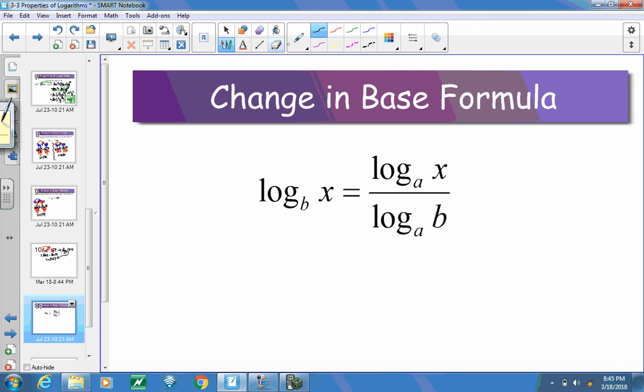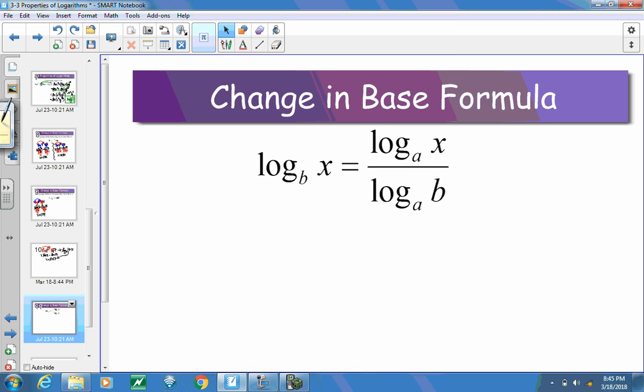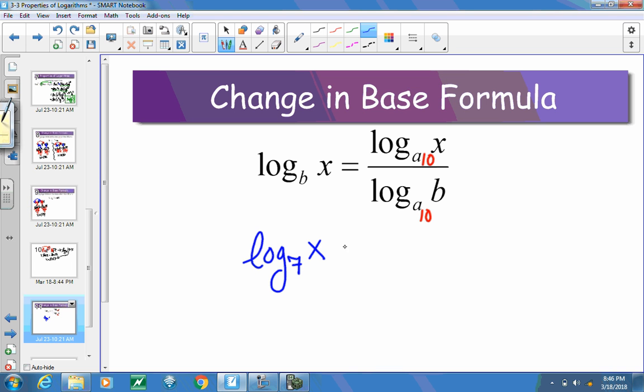Here is the change in base formula, so you can use this. It allows you to just take any logarithm of any base and convert it into any base, which most likely we like to work with 10. So it's just saying that if you had log base 7 of x, not of x, sorry, let's just go of 13.